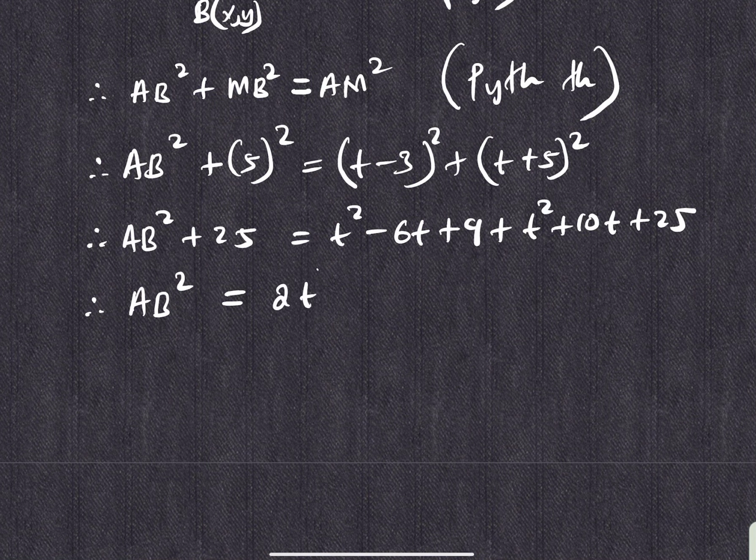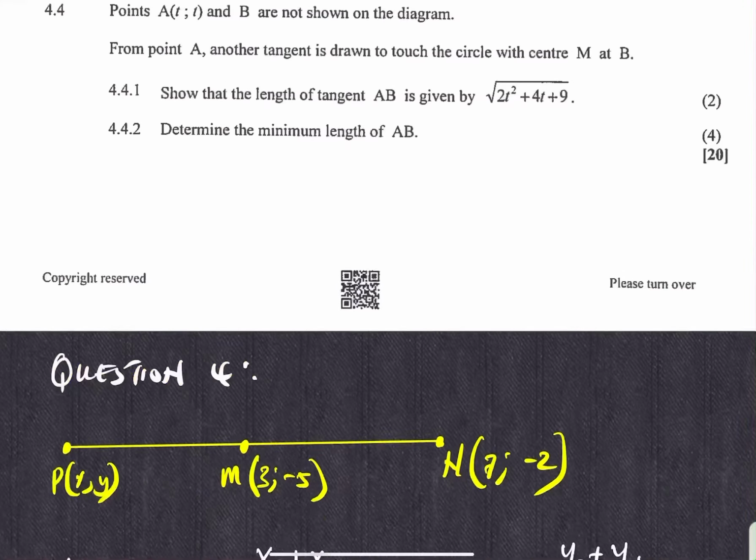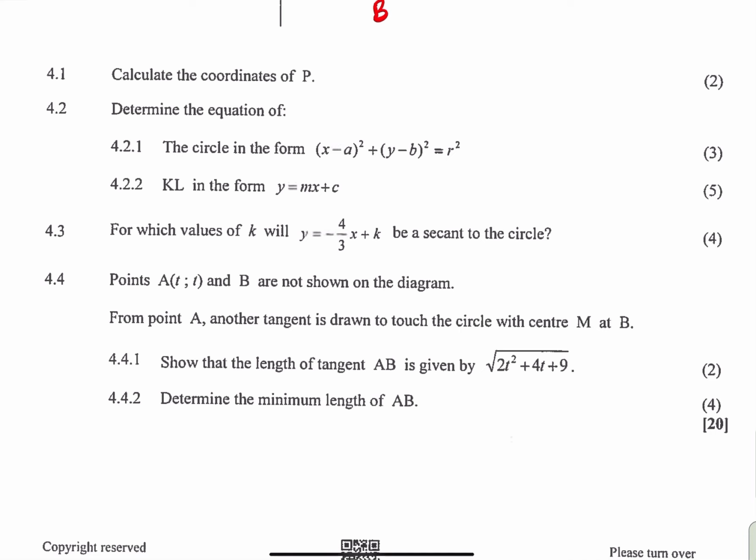This becomes 2t squared, and then this 25 and this 25 are going to undo each other. I'm left with minus 6t plus 10t, that should suffice to plus 4t, and I'm left with a constant of 9. Therefore, the distance AB is going to be the square root of 2t squared plus 4t plus 9. So that is what you are required to prove here.